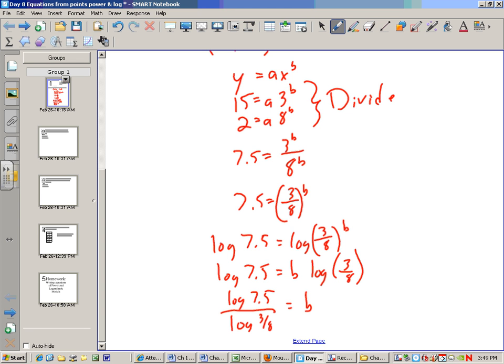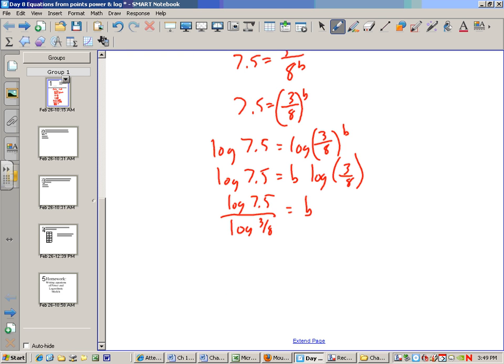All right, now if I type that into my calculator, log 7.5 divided by log 3/8, that's negative 2.05. So b is equal to negative 2.05.